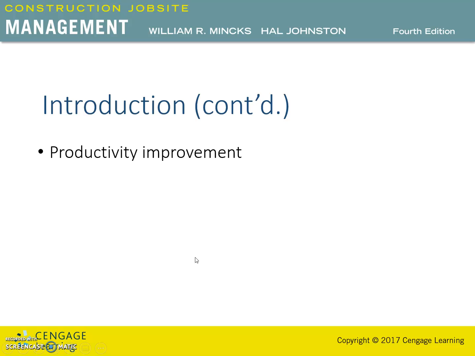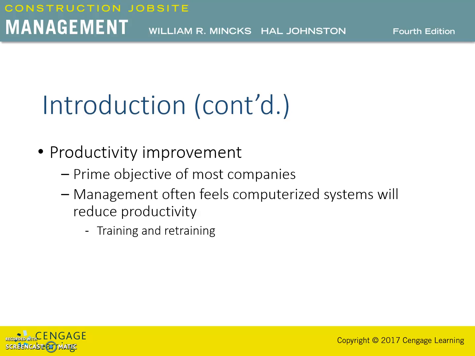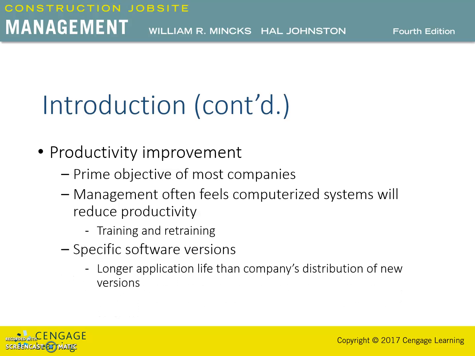The productivity improvement is a prime objective of most construction companies. So, management often feels, though, that computerized systems will reduce project personnel productivity rather than improve it. They feel that training and retraining employees to keep abreast of the latest software detracts from the employee's job.